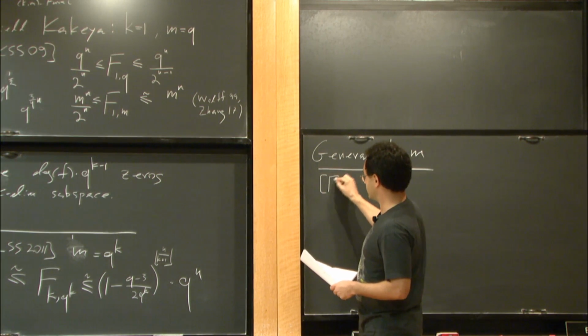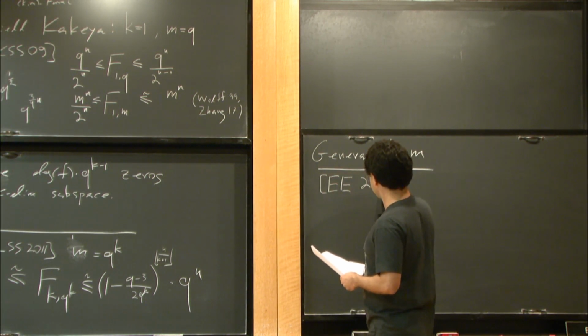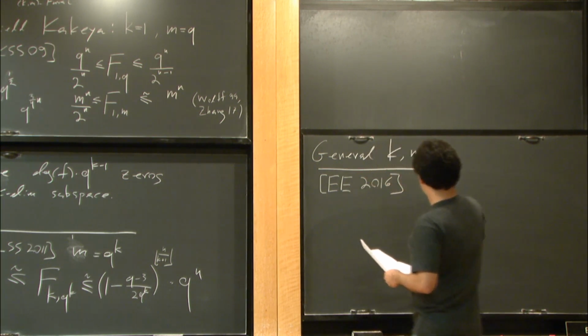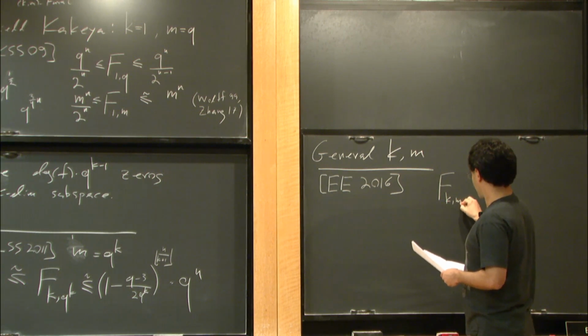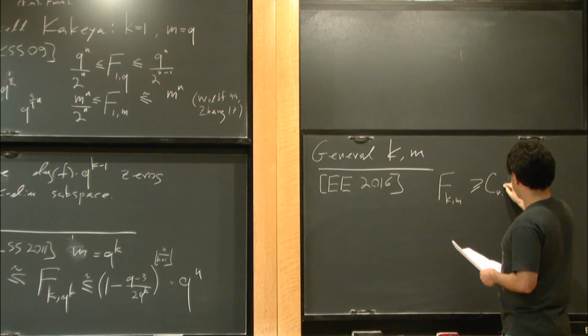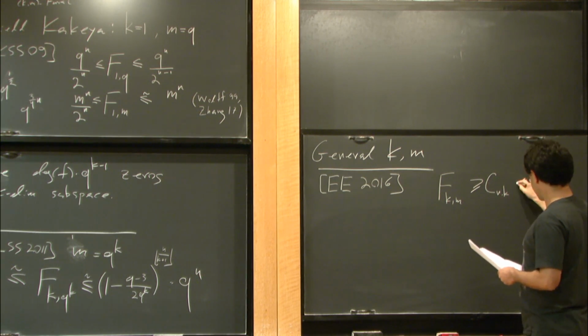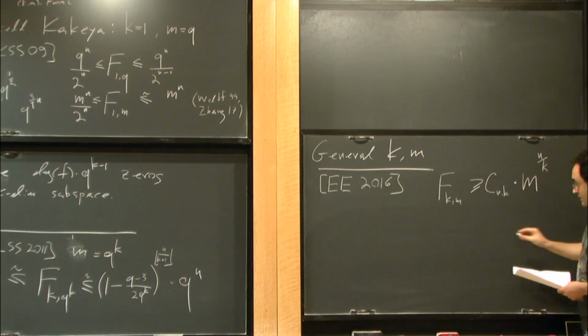This was Ellenberg and Erman in 2016. They showed a lower bound of some constant depending on n and k times m to the n over k.